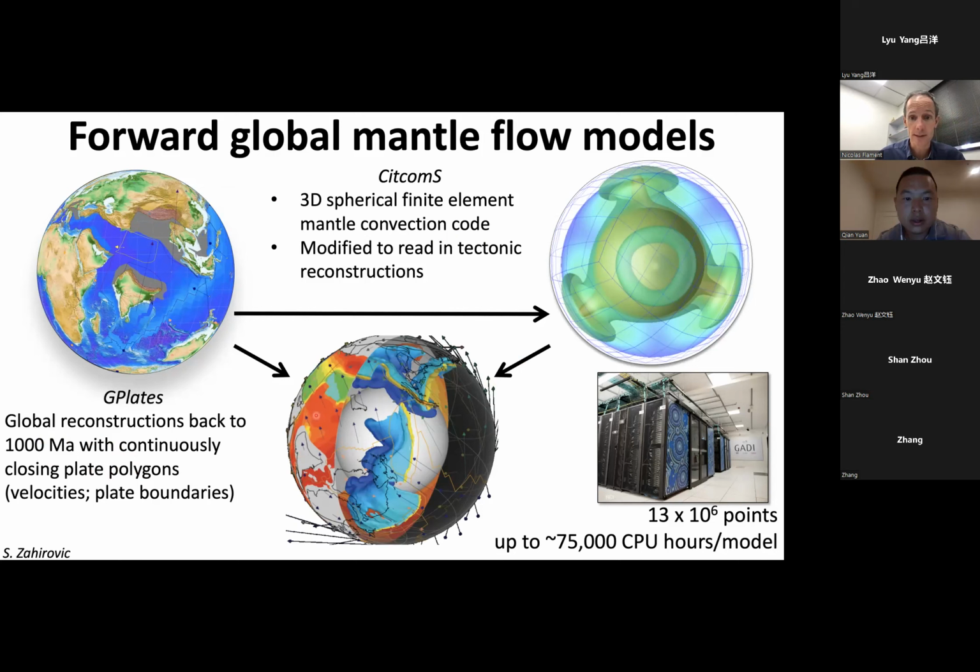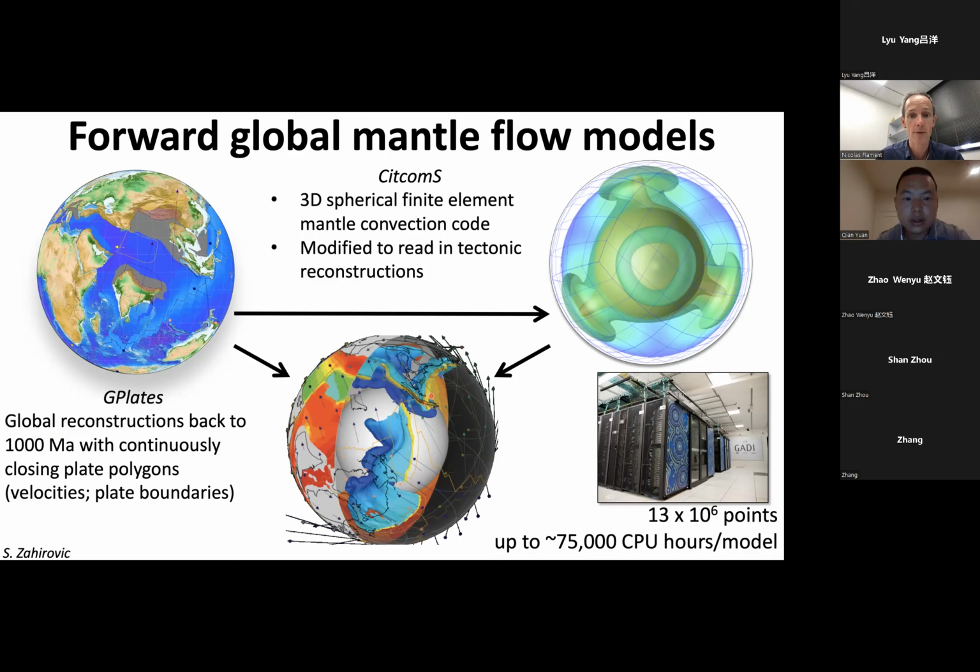We use this to impose subduction zones into the model as well as velocities. The thickness of a subduction zone depends on the age of the ocean floor through the half-space cooling model. What this is trying to show at the bottom is what went in and what comes out. The input is on the left-hand side, tectonic reconstructions, and the output would look something like that.